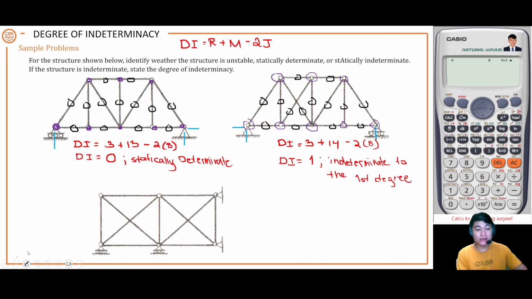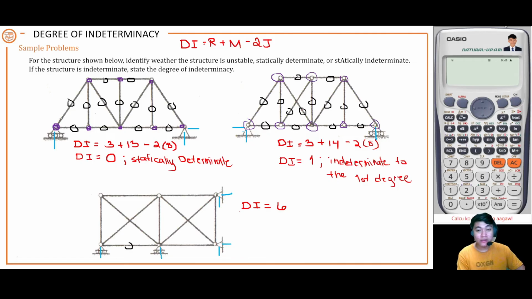Next, last one. For the degree of indeterminacy for this problem, the degree of indeterminacy is equal to, how many reactions do we have here? So 1, 2, 3, and 4, 5, 6. So we have 1, 2, 3, 4, 5, 6 reactions. Next, the number of members.